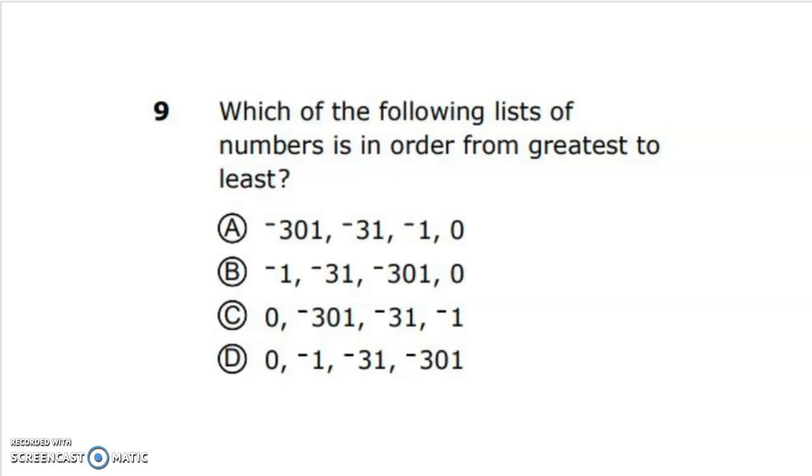B. Negative 1, negative 31, negative 301, 0. C. 0, negative 301, negative 31, negative 1. D. 0, negative 1, negative 31, negative 301.